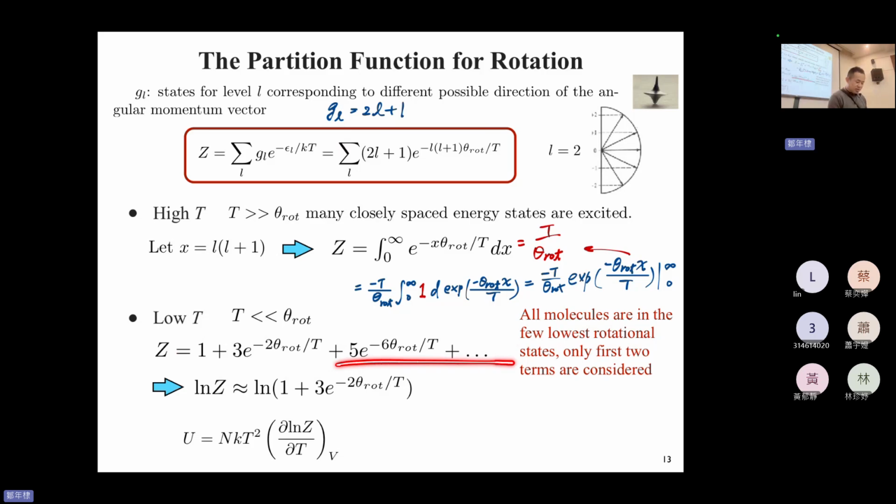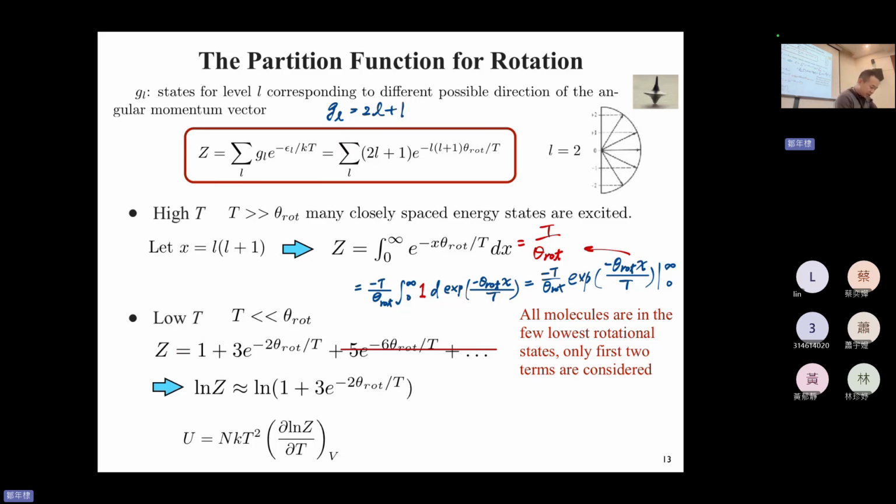It is really difficult for a particle to be excited to the higher energy levels. So we can not consider these higher order terms. We only consider the first two terms, which should be okay because it's low temperature behavior. So now here is 1 plus 3 times exponential.